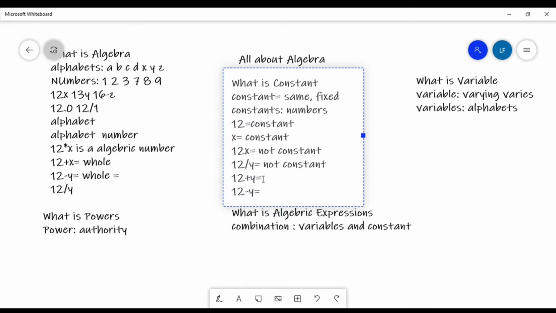If we consider that 12 plus 5 is a whole, then it is not a constant.